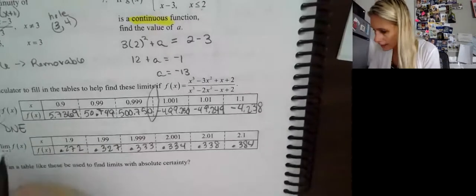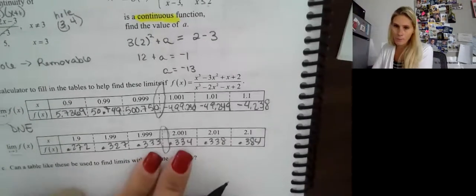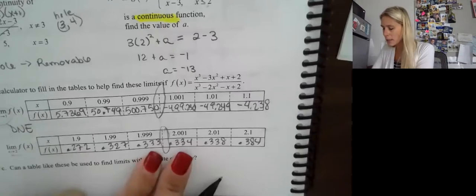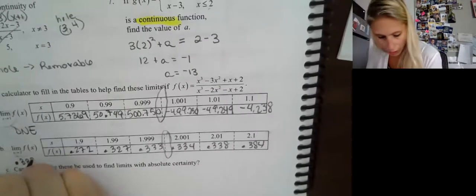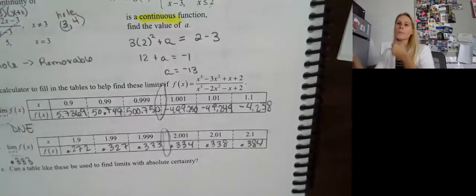Okay, now this is limit of 2, so 2's around here. Are they going to the same number? Yes, they are. Now, if we got in closer on our table for our calculator, you will see that it will be 0.333. Okay, you could put 1/3 if you want, but 3 decimal places is just enough.